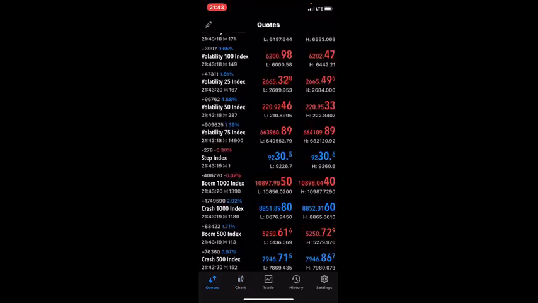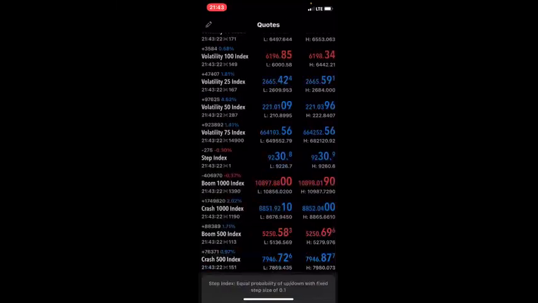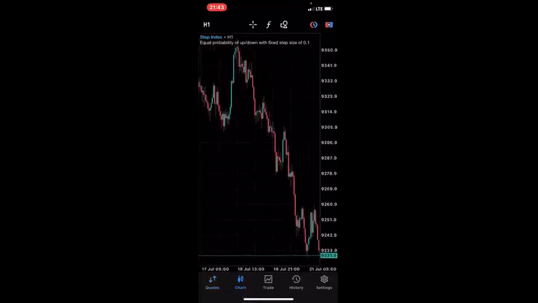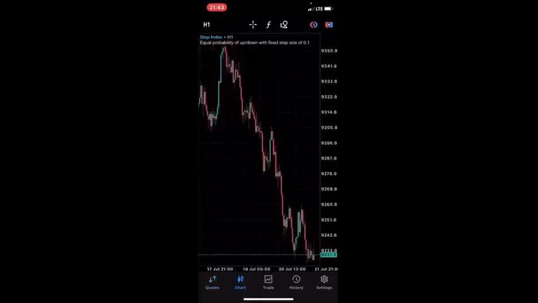So the pip or spread of step index is always 1. So as the step in the pip is 1, it means that when you enter a trade, you can even set 1 step take profit and 1 step stop loss. It will work for you.